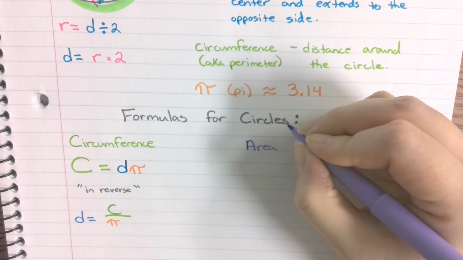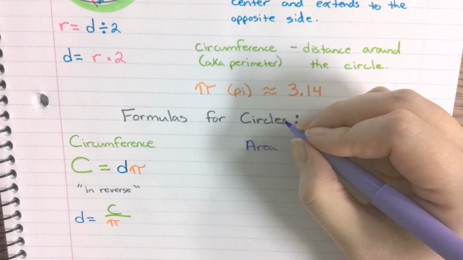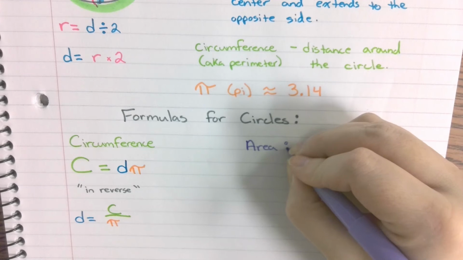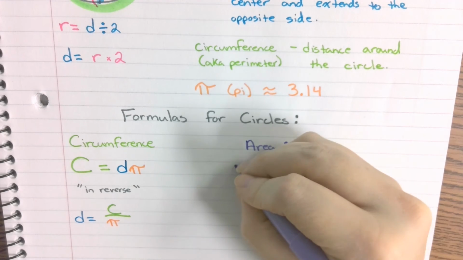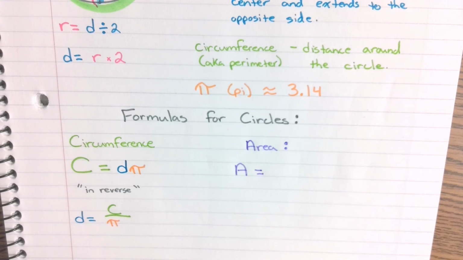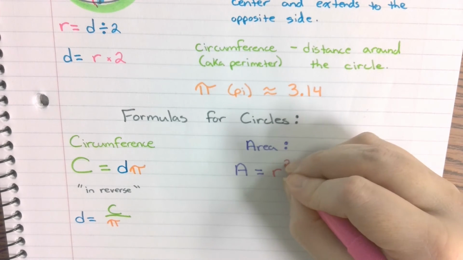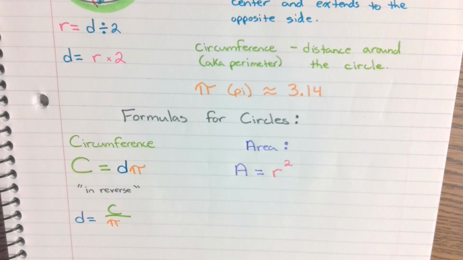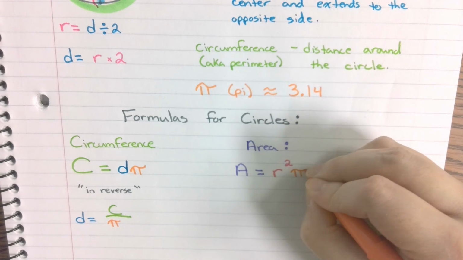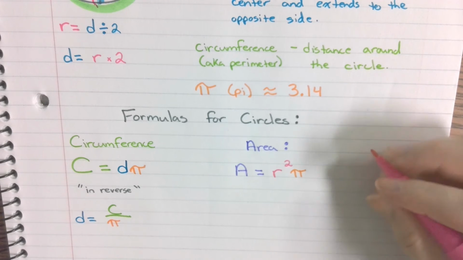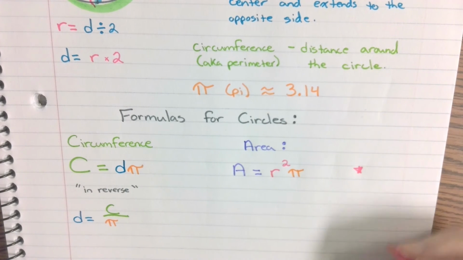Area. Area is equal to the radius squared times pi. Now, please keep in mind, this is something that's important for you to remember.